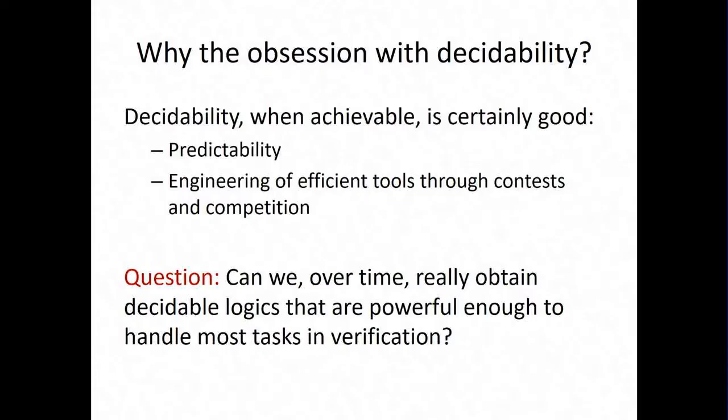So there is this obsession with decidability, and I've been part of that. We've been trying to work with decidable logics as much as possible. And decidability, as I said, when achievable, is very good. It gives you predictability. It also gives you engineering of efficient tools because you can have competitions, and it's a little harder to have a competition if on some things you're going to fail even proving.